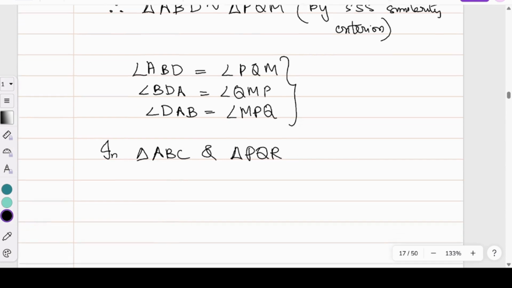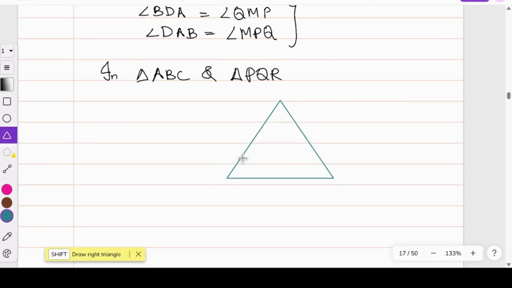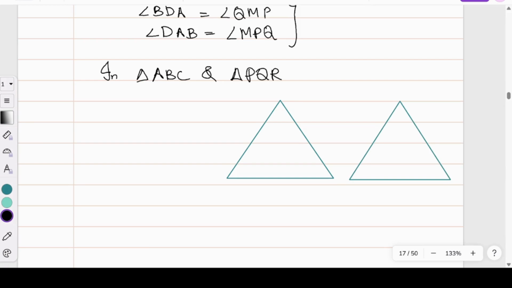Let me redraw the triangles again here, like this. This is A, B, C, P, Q, R. What all things can I write here? AB by PQ equals what? BC by QR.